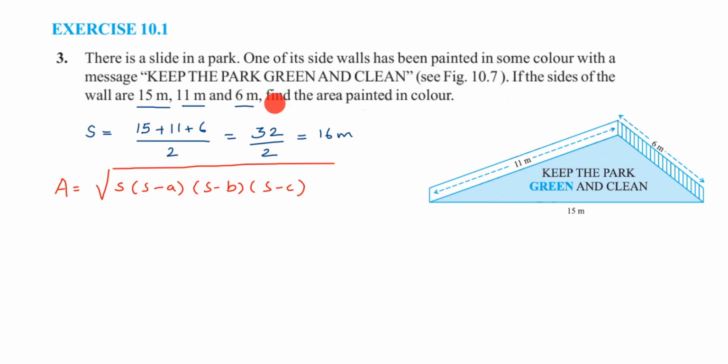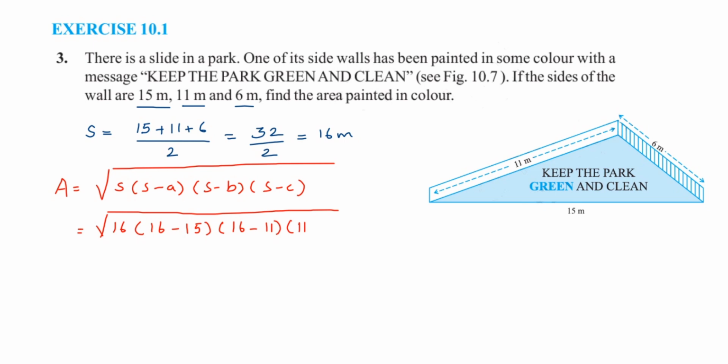We have to just substitute and get the value. So this is equals to, we'll substitute the values here. We get 16 times (16 minus, let's take the first side as 15), so 16 minus 15, and second bracket S minus B, 16 minus 11, and third one is 16 minus 6.